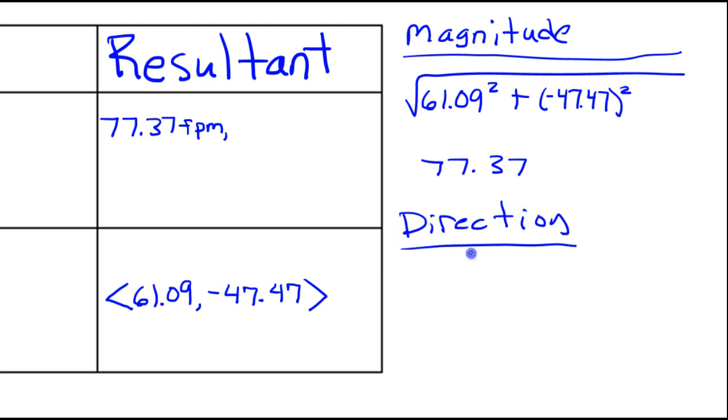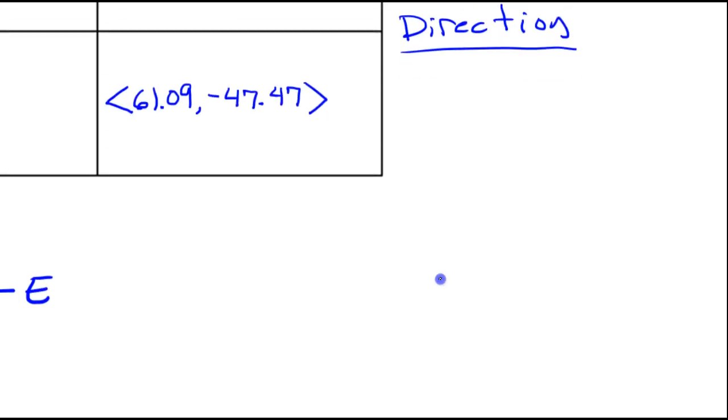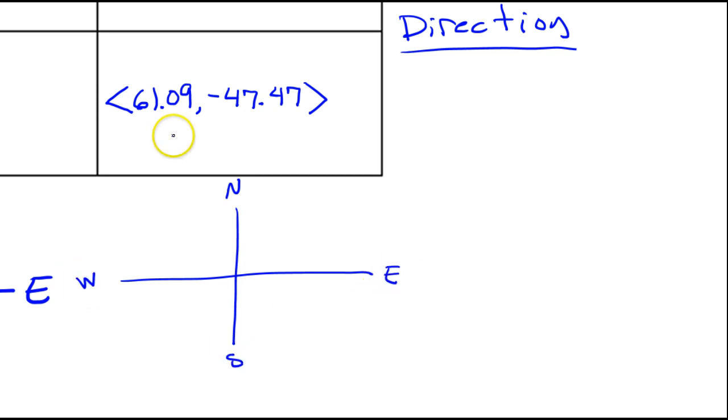But let's start with a diagram. The horizontal component is positive. The vertical component is negative. That means we are going to go to the right and down on this graph.